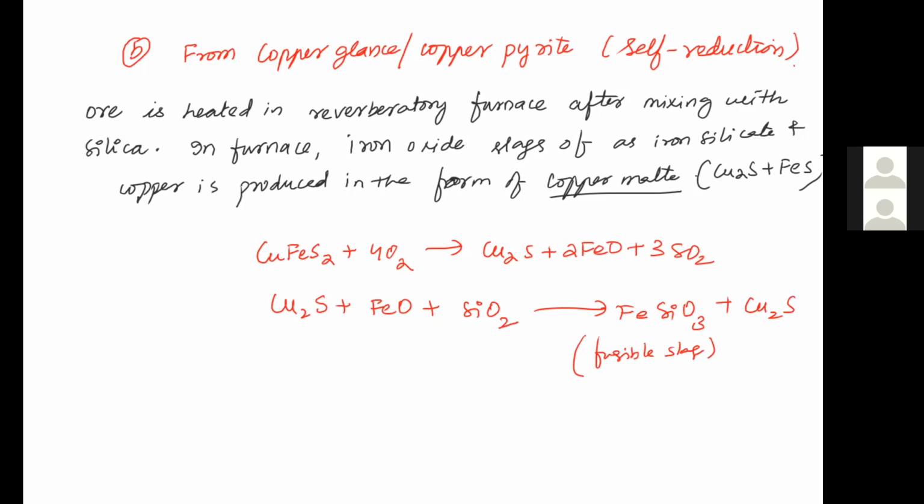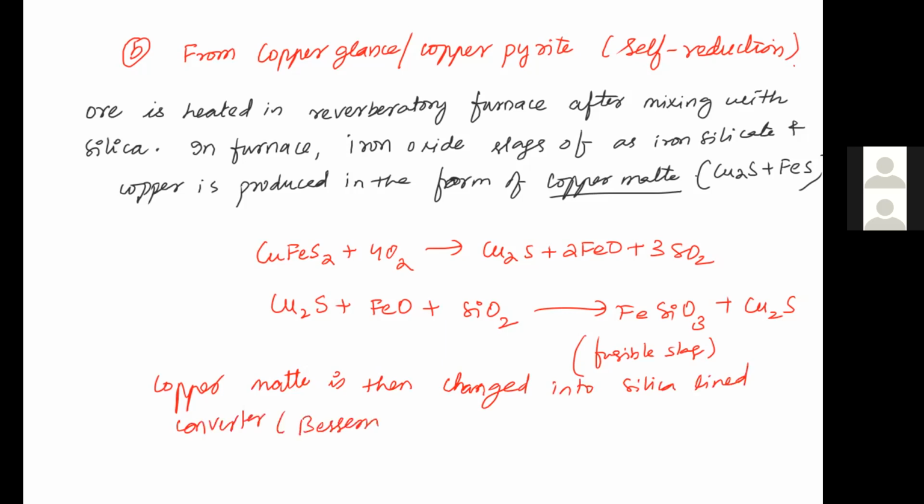So copper matte is then changed into silica lined converter, which is called Bessemer converter. Remember, Bessemer converter is used in extraction of what, like that.